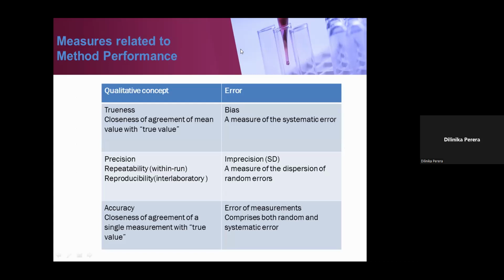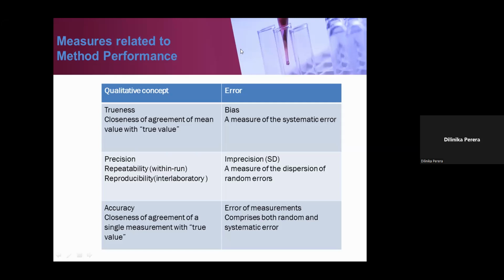Before I go to the analytical specification parameters, I think you have heard about these terms. One term is the qualitative concept and the error you can see. Trueness is the closeness of agreement of the mean value with the true value. The associated error with trueness is the bias, a measurement of the systematic error.